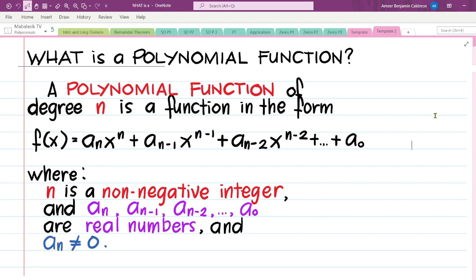We notice that the notation of a polynomial function is quite complex, but we are going to simplify that later on.